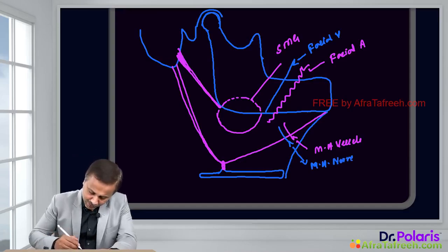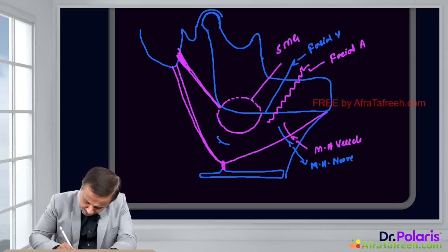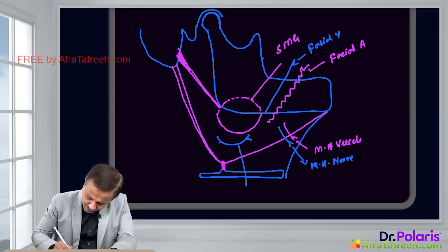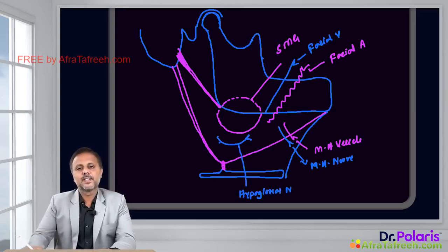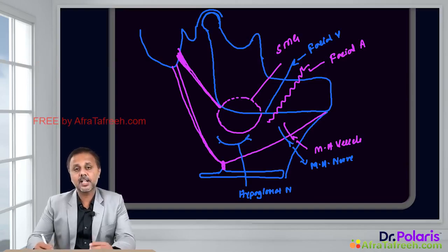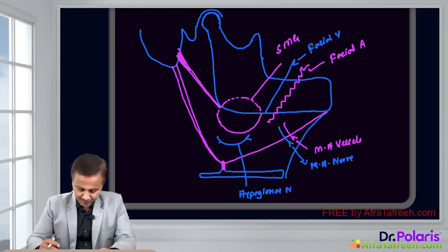A little bit behind, we have one more important nerve. This is the hypoglossal nerve. Okay, so these are the 5 important contents which are seen in the anterior part of the submandibular triangle.